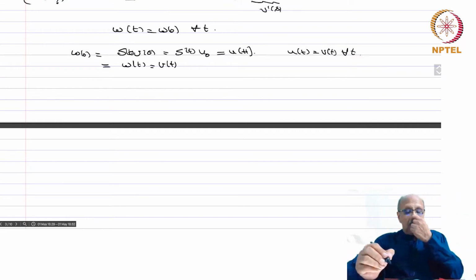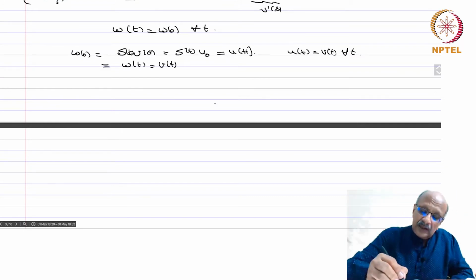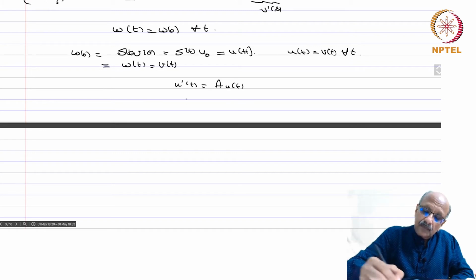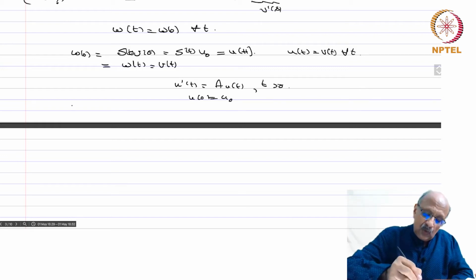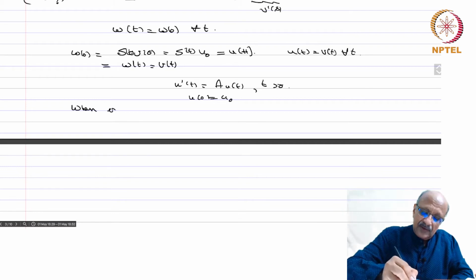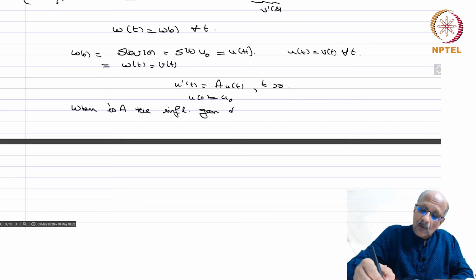So, if we want to investigate initial value problems of the form u'(t) = A u(t), u(0) = u0, then we must know when A is the infinitesimal generator of a C0 semigroup. So, we want to recognize those.